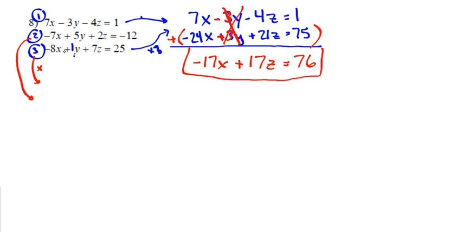All right, so if I want to make the y's eliminate using equations 2 and 3, got to multiply the bottom one by 5. So that leaves me with negative 40x plus 5y plus 35z equals 125. And this bottom one will stay the same.